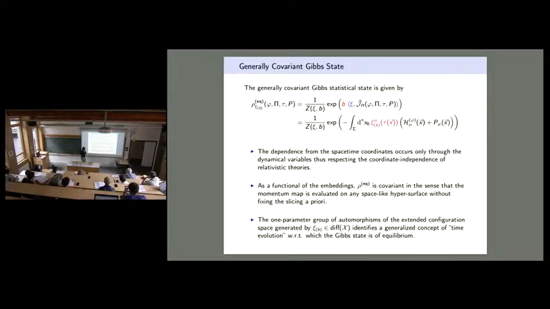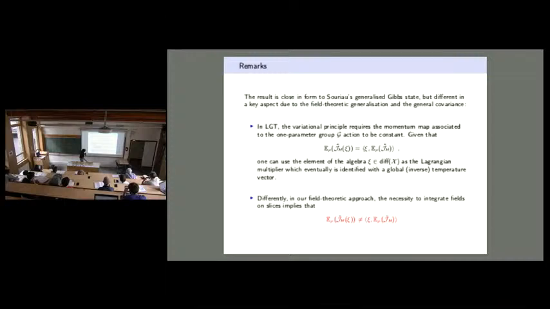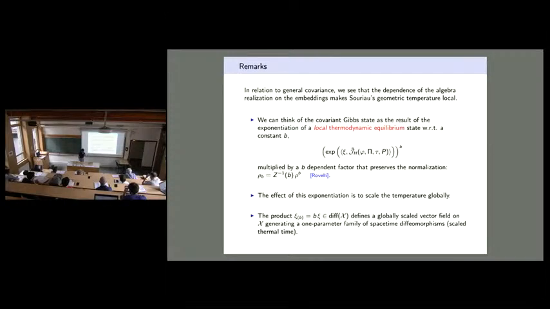But the presence of this B is what you typically have when you want to pass to a local expression of your thermal equilibrium, which in fact you probably cannot even interpret as a proper equilibrium in terms of a global time. So this is the way you do it.